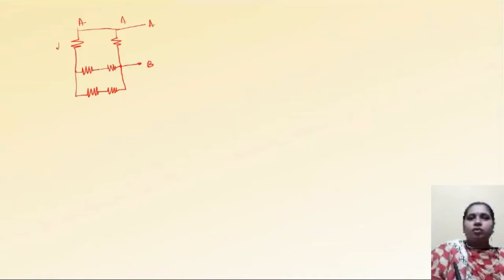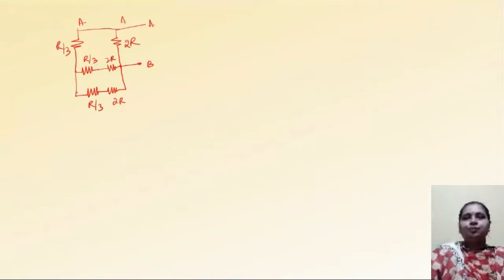So this is R, this is R, this is R by 3, R by 3. Here it is 2R, here it is also 2R, here it is R by 3. Point D is connected here, point C is connected here.